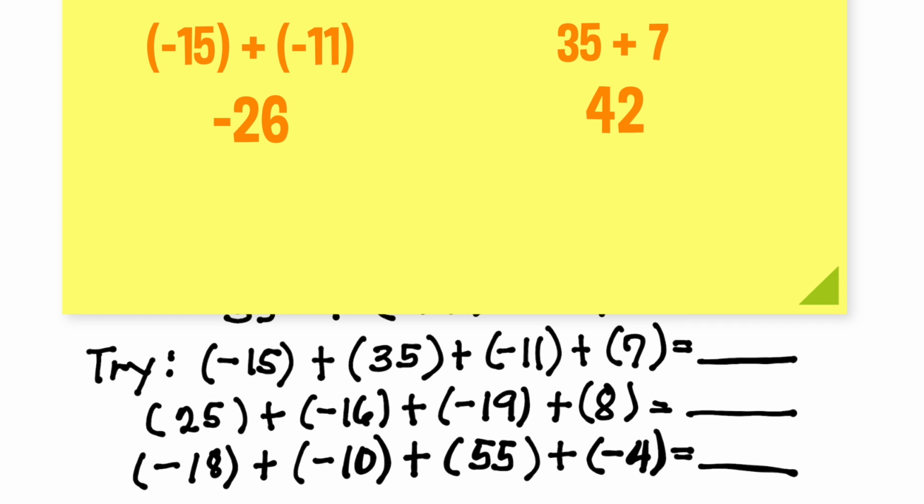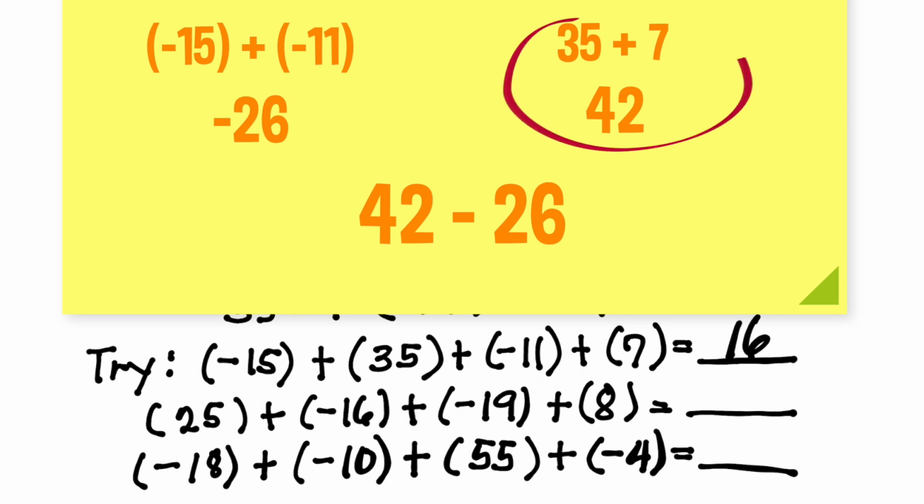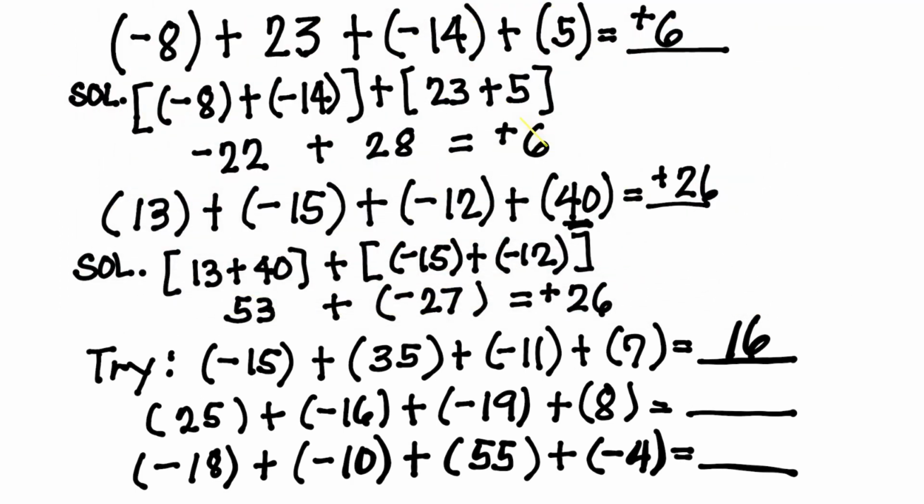So, positive and negative, we subtract. So, we subtract 42 minus 26. So, we have now 16, right? So, what will be the sign? Since ang absolute value ng 35 plus 7 ay mas malaki kaysa absolute value ng 15 and 11, so, ang magiging answer dyan ay positive. So, you have positive 16.